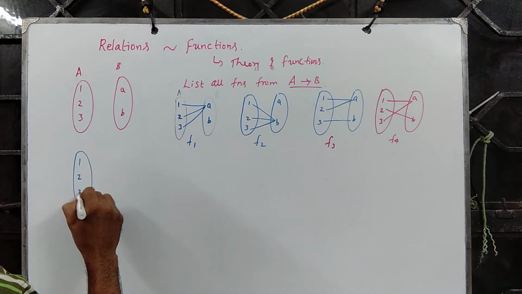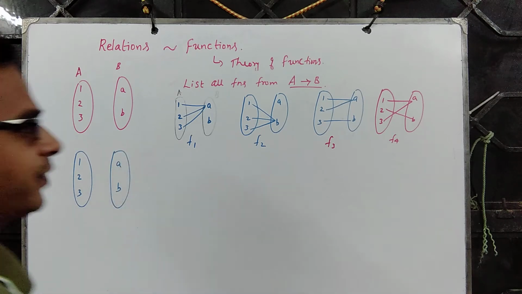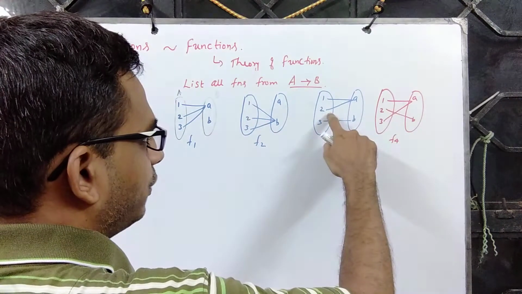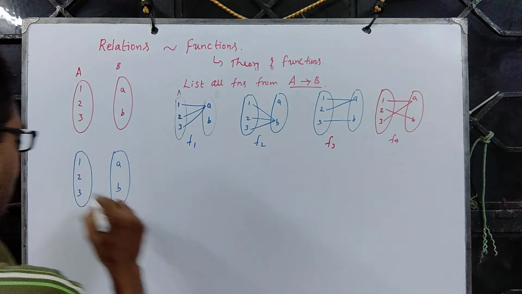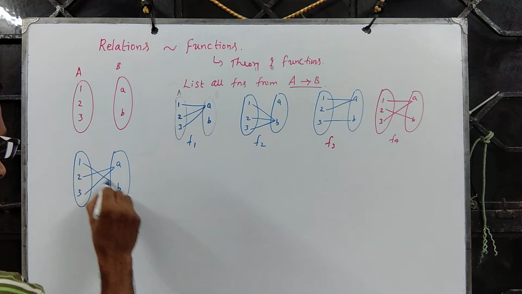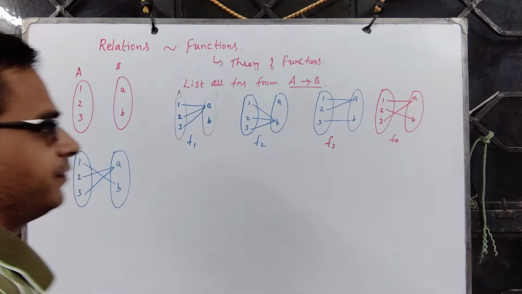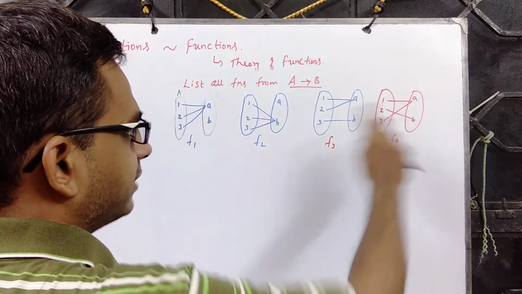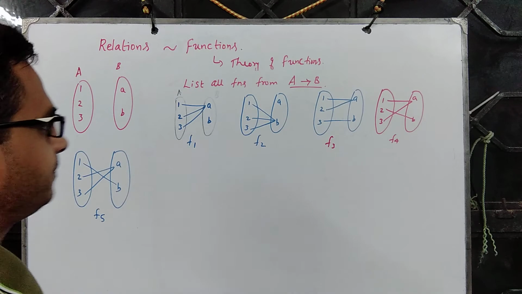So we have 1, 2, 3 and A, B. We looked at 1, 2, then we looked at 1, 3, then let's look at 2, 3. So 2, 3 is mapped to this, then B is forced. So we look at possibilities for this. So this is an example of a function.